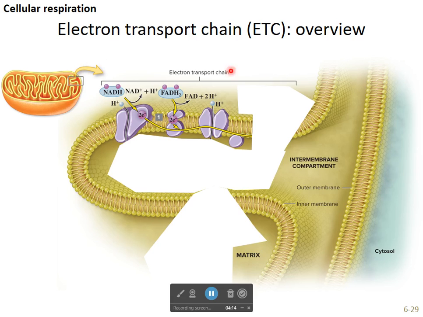And you don't want to mess up the Krebs cycle taking place in the matrix or the transition step. So it's all compartmentalized, which is the point of organelles. The last step is that last protein here, the electrons finally shed more energy and more H plus is transported again into the intermembrane compartment. And then the oxygen molecule is reduced into water.